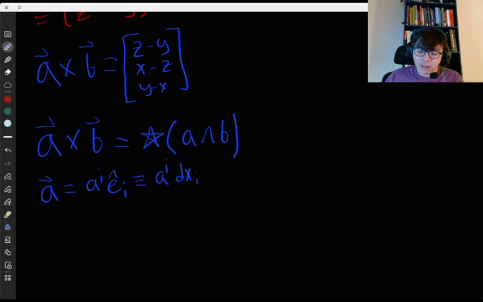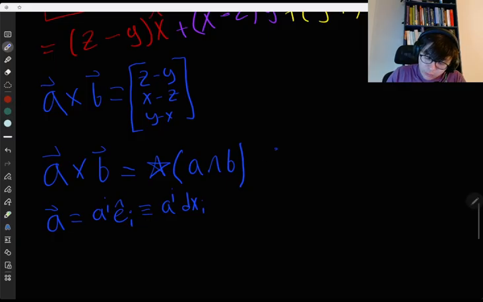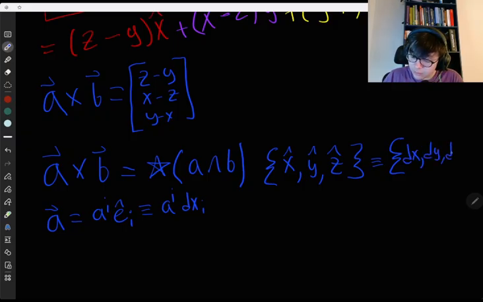So in our case, we have the orthogonal basis of x hat, y hat, z hat. Today, by definition, of course that's how it always goes. You have a pretty bracket on the left side, but the right hand side sucks. By definition, it's going to be dx, dy, and dz.